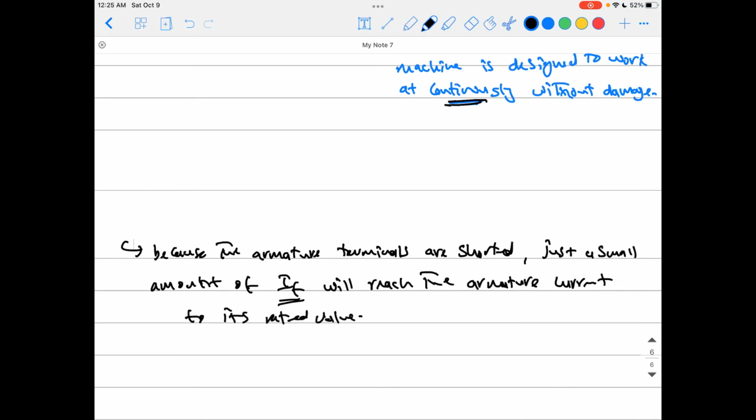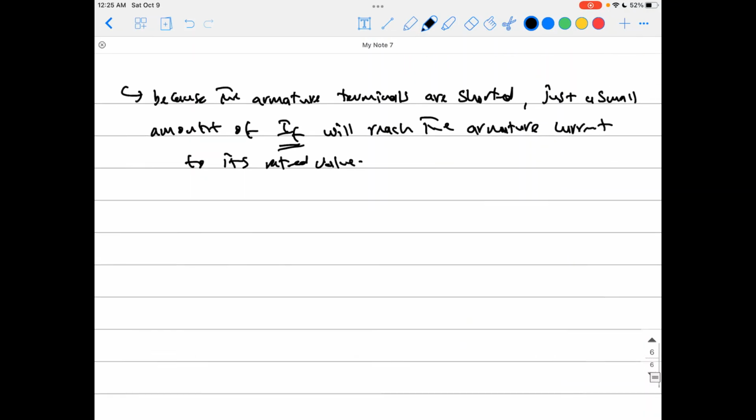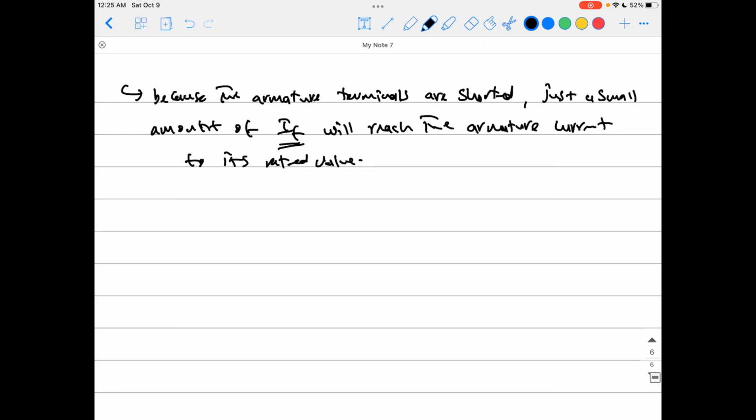That's why I'm saying you don't need to give very high current. A very small amount of field current will bring your armature current to its rated value, because it's short circuited, guys. So that's why I'm saying that is a dangerous test. Do it with a very high amount of caution.